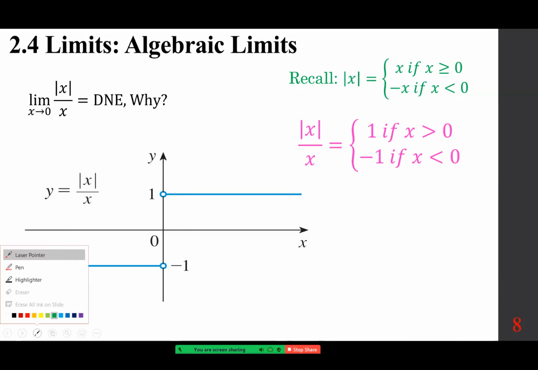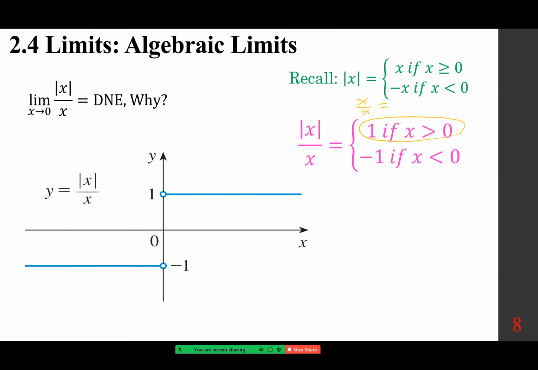If I were to write this, for this part it would be x over x, which is 1, or this one would be minus x over x, which is negative 1.